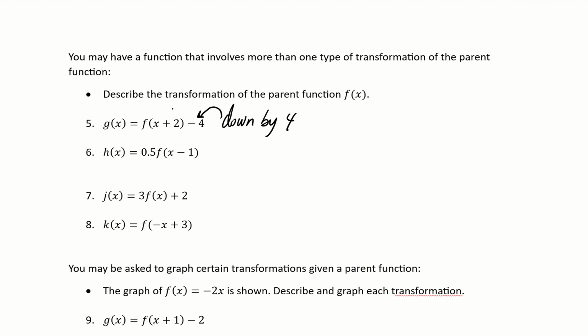And what this is telling me is that we're moving to the left. We're moving to the left by 2. So this is going to be down 4 based on this minus 4 outside the parentheses. And because it's x plus 2 inside the parentheses, we're moving to the left.